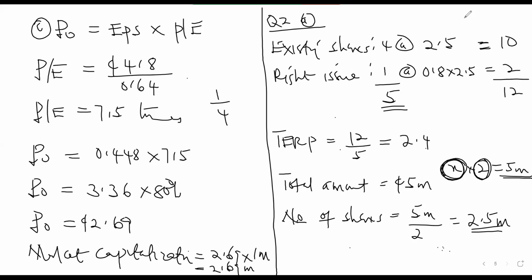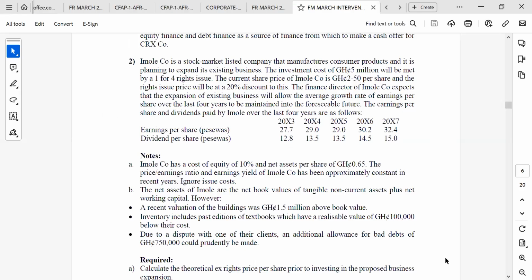Okay. But you can see that the right issue is 1 for 4. Linus, yes, please, how did you get the 0.8? The current share price of Imoleco is 2.5 Ghana cedis per share, and the issue price will be at a discount of 20% to this.